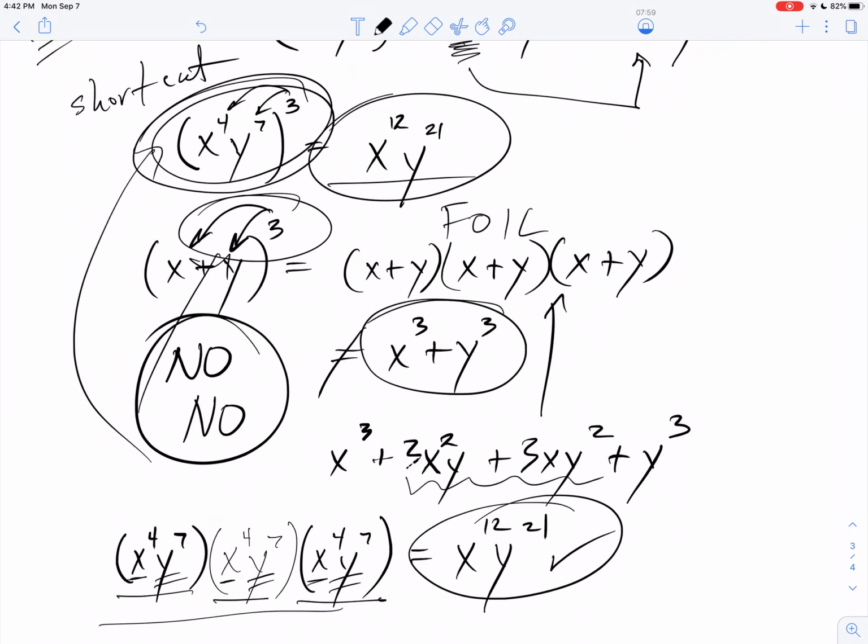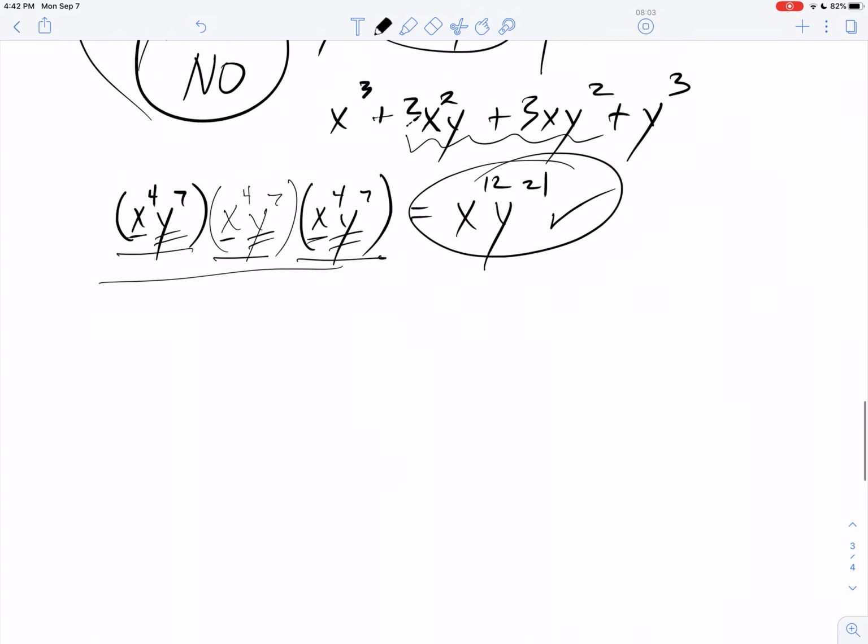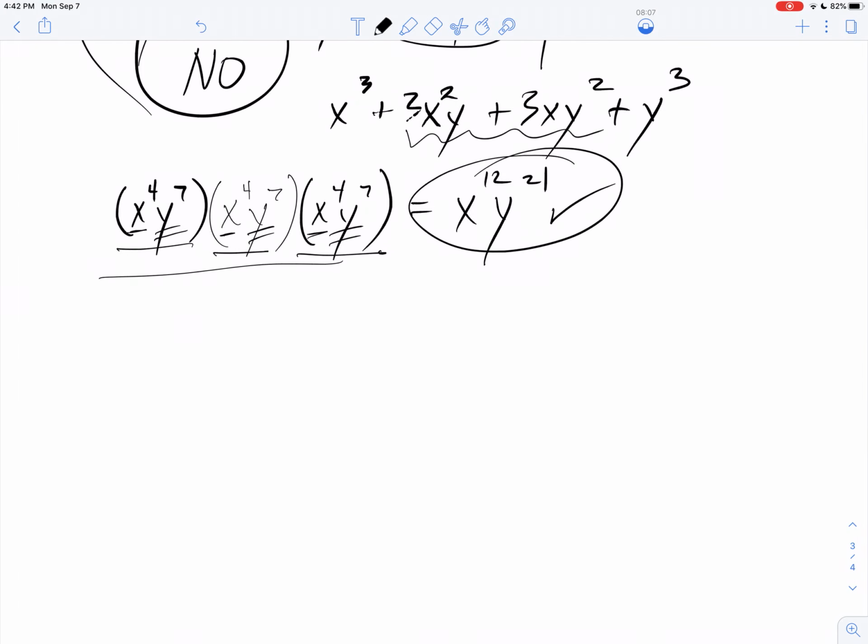There's no plus or minus sign between that stuff. You don't have to do the shortcut. You could write it out the long way every time and then just do this where you add their exponents. Add their exponents. That's called the product rule. The product rule is when you add exponents.